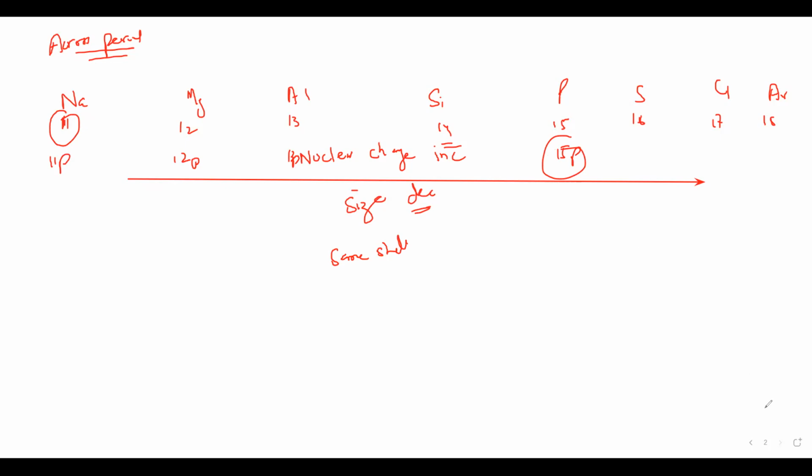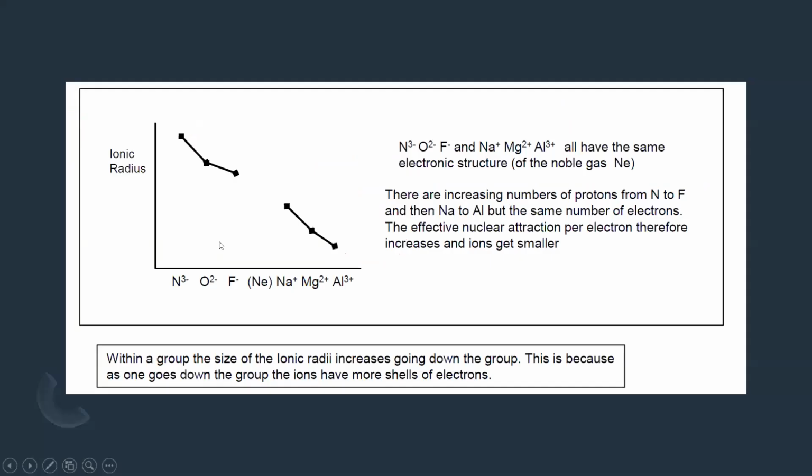And when we compare the size of isoelectronic ions, which have the same number of electrons, such as the nitride ion, nitrogen has atomic number 7, so it has 7 protons, and minus 3 means 10 electrons.